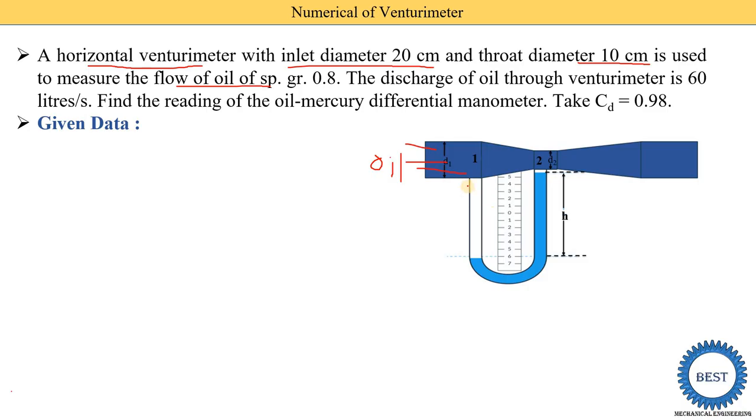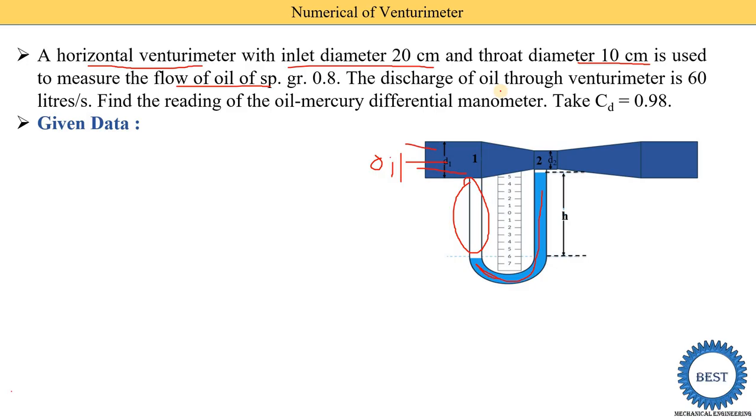In this manometer, up to this distance there is oil, and this blue color part is the mercury. The specific gravity of oil is 0.8, and the specific gravity of mercury is 13.6. Discharge of oil through Venturimeter is 60 liter per second.